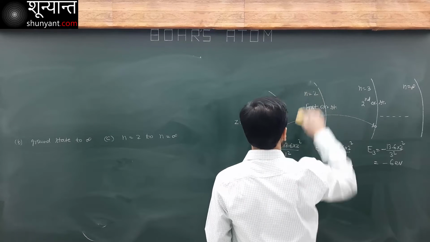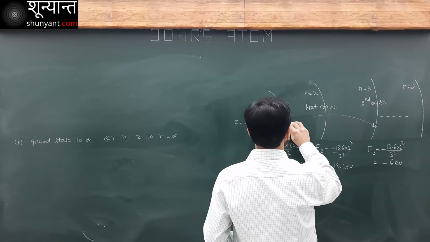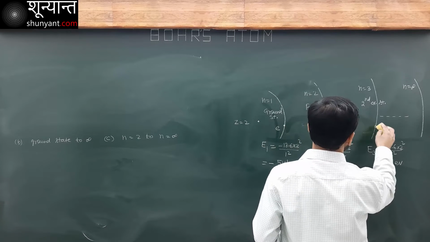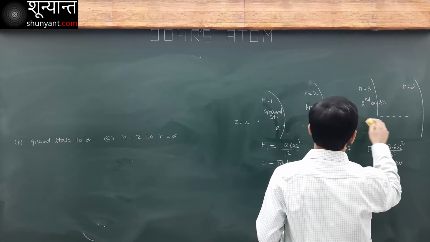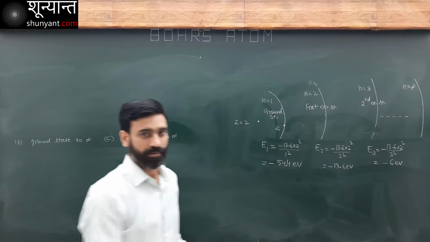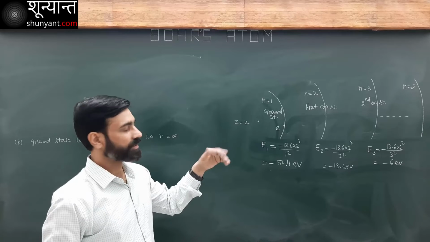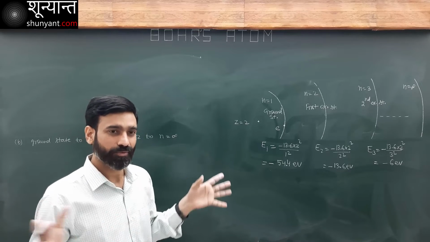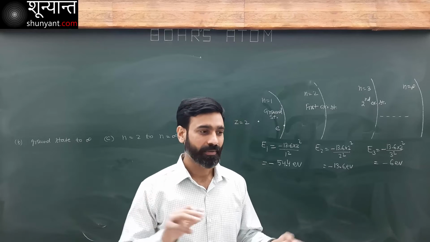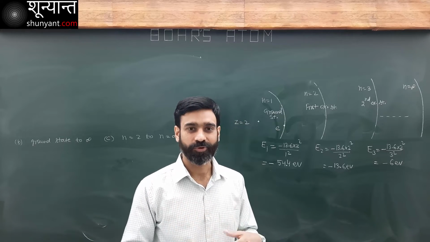What is the meaning of infinity? The meaning of infinity is that the electron becomes free, energies become zero, the components are separated, now there is no more interaction between them, no force between them.